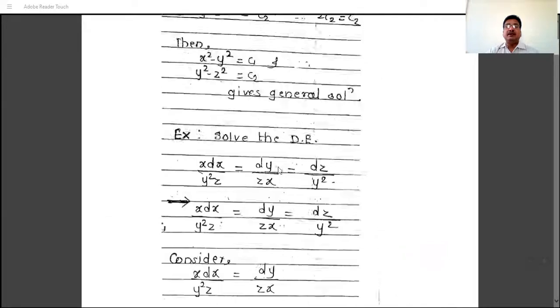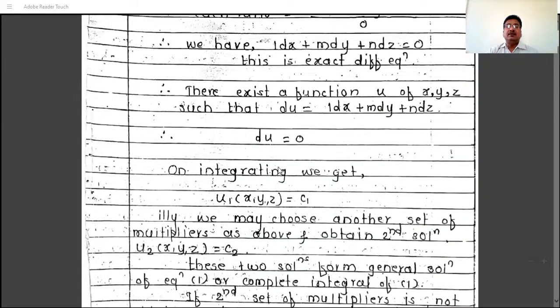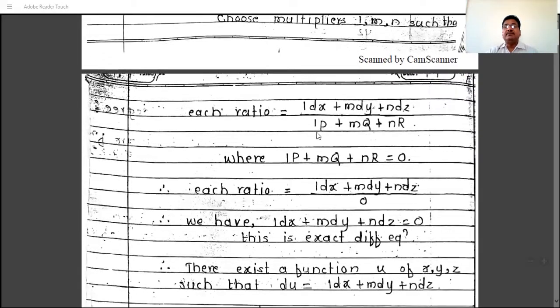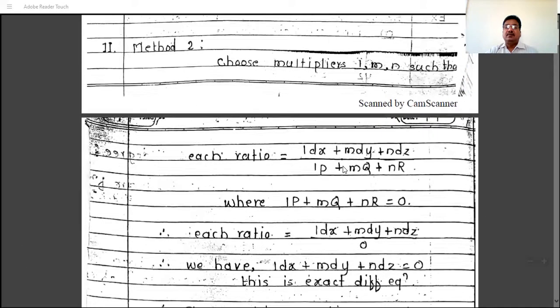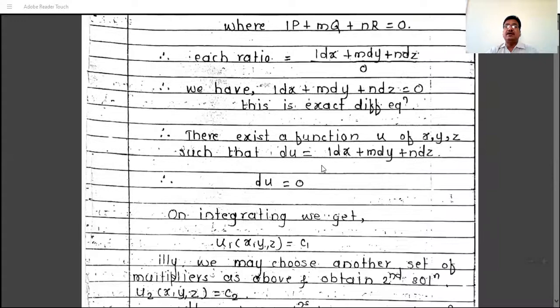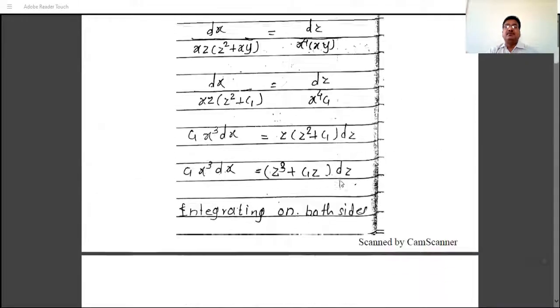Find multipliers L, M, N such that LP plus MQ plus NR is equal to 0. That is, by trial and error, find these multipliers L, M, N such that LP plus MQ plus NR is equal to 0. So the second method is applicable for this example.